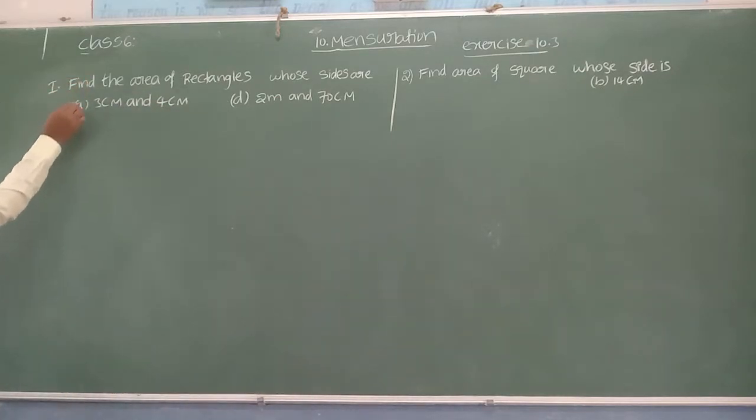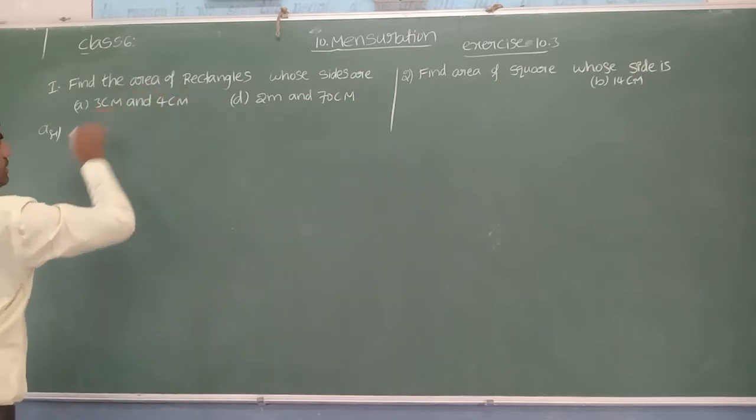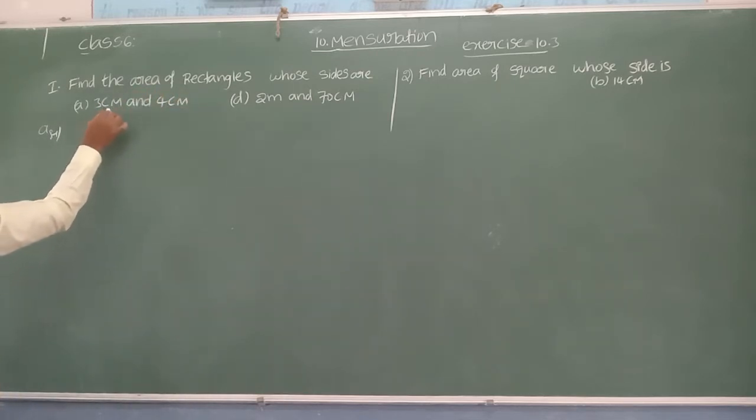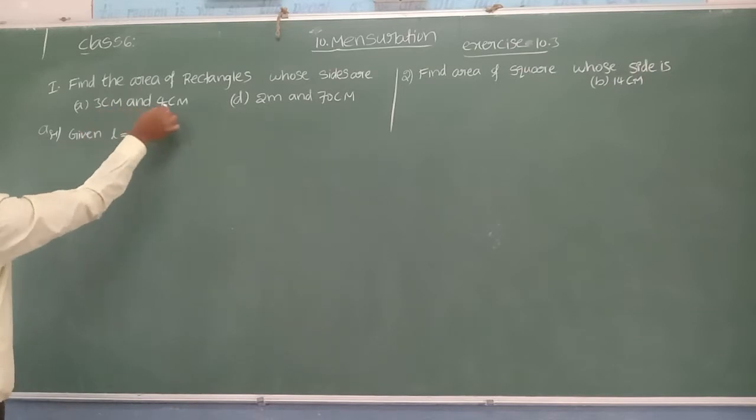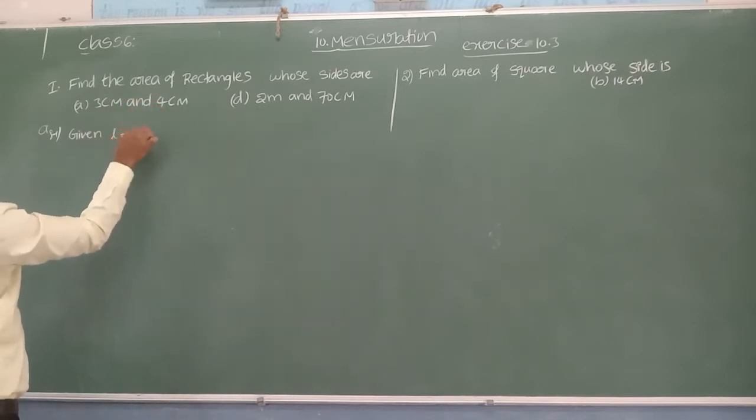Let us go with A1. Solution: 3 centimeters and 4 centimeters. They are asking to find the area of the rectangle. So these two are sides itself. One is length, one is breadth. Okay? So let me take here, given length is equal to, length means longest one, so let me go with 4 centimeters.